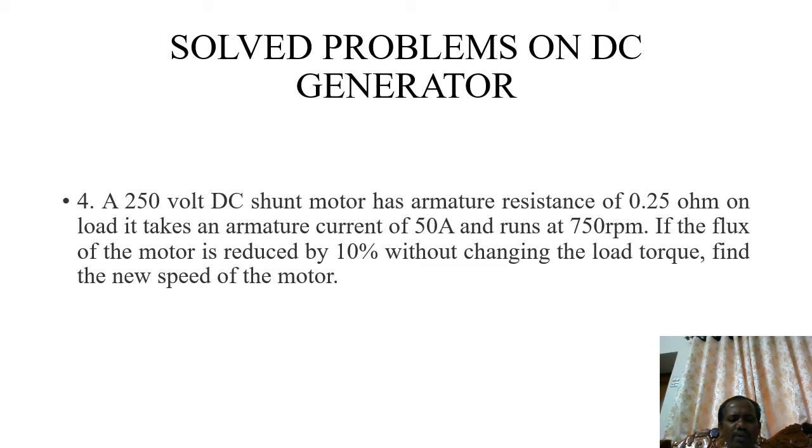If the flux of the motor is reduced by 10%, φ is reduced to 90%, that is 0.9 of φ, without changing the load torque. Find the new speed of the motor. E_G is equal to φZN by 60 into P by A. That equation you can substitute and you will get the answer.